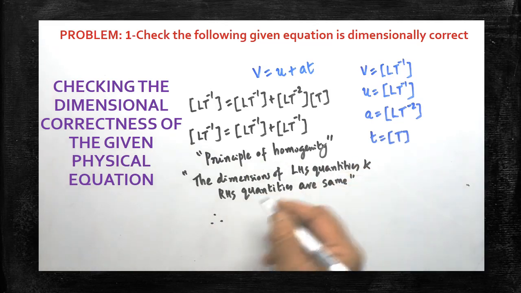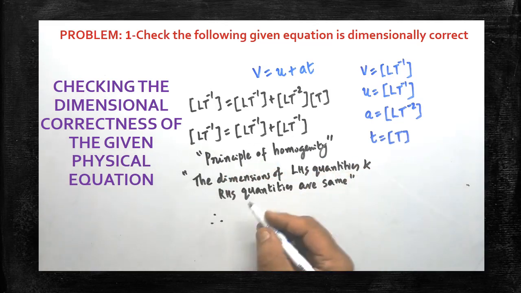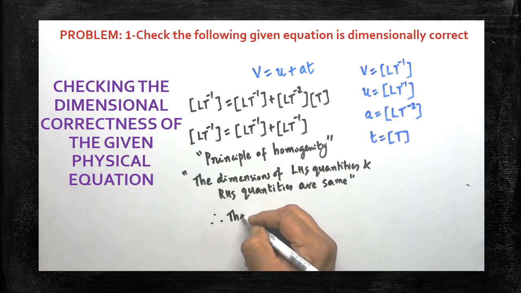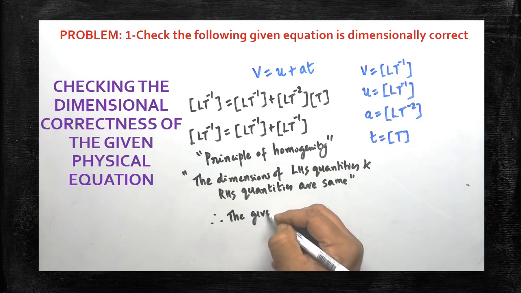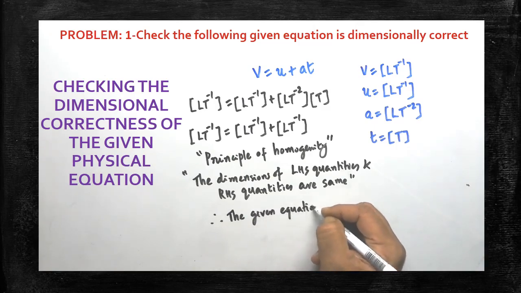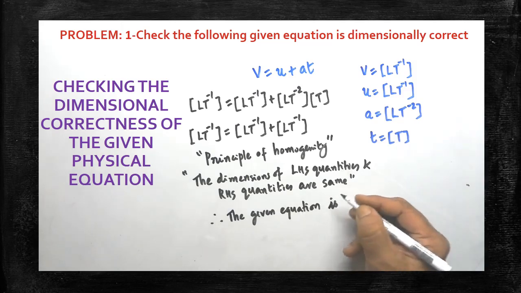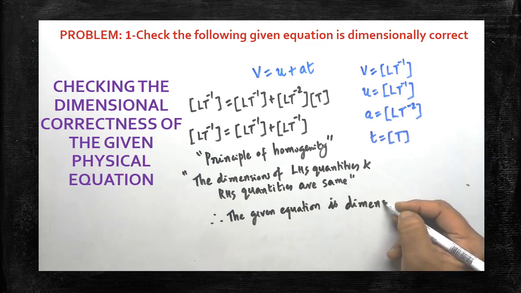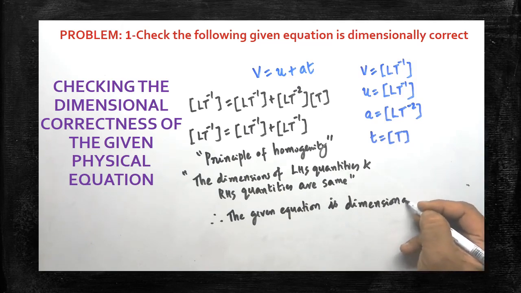So as per the principle of homogeneity, since all have the same dimensions, we have to say that the given equation is dimensionally correct. You have to say it like this: this equation is dimensionally correct.